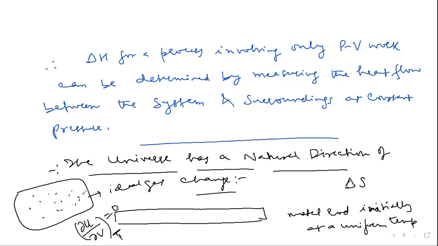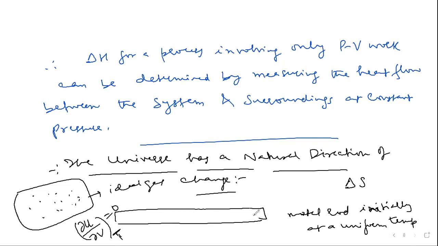But this transformation doesn't occur. So both of these transformations, the metal rod and the ideal gas situation, neither occur, even when they are in accordance with the first law of thermodynamics.